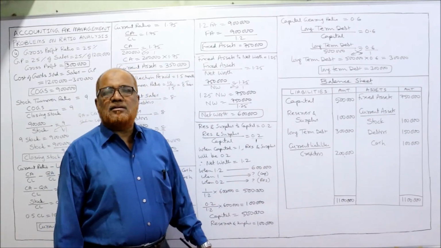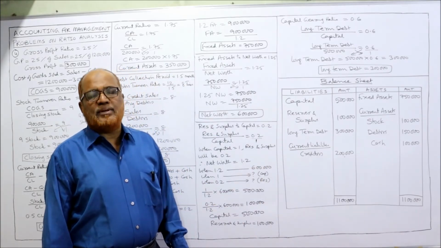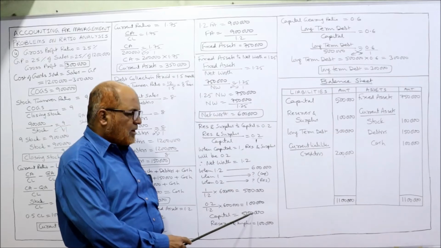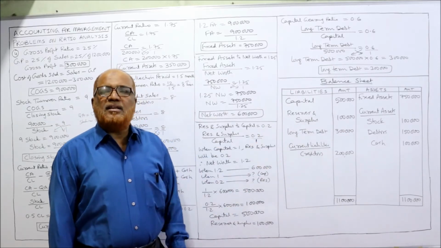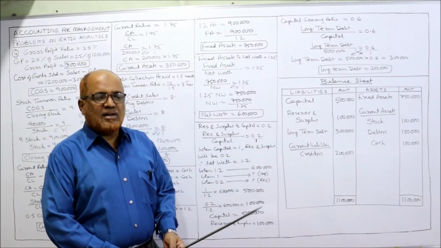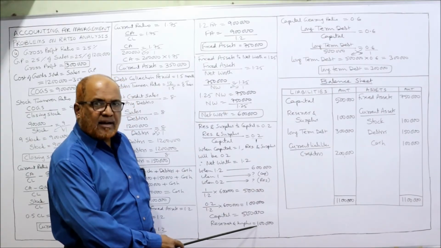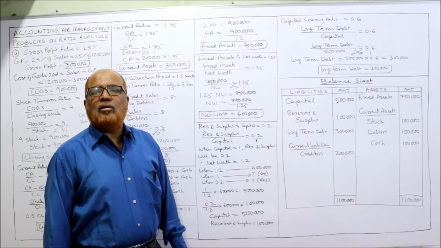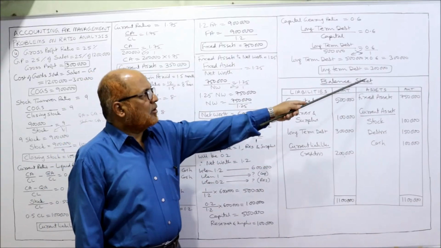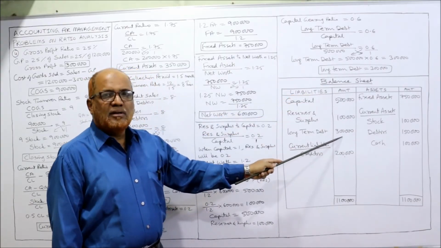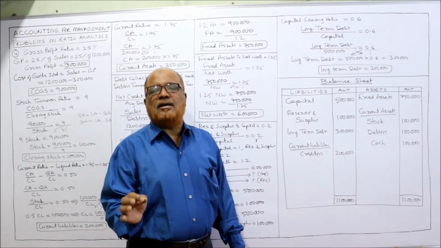Now the liability side. First we take the capital. Capital is 5 lakh rupees. Then we take the reserves and surplus, which we have calculated as 1 lakh. Then long-term debt. The long-term debt is 3 lakh rupees. Then lastly current liability.